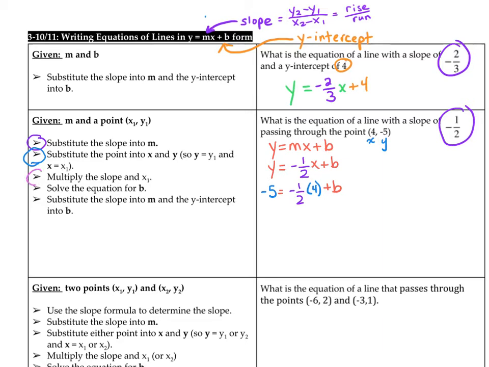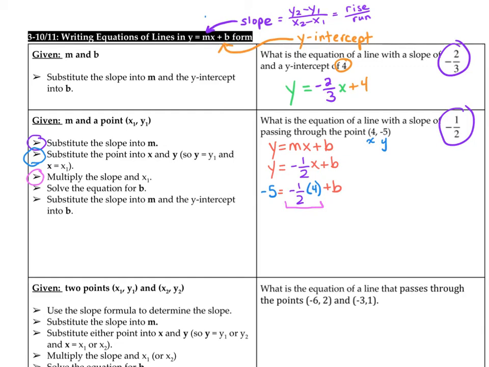So to do that, first multiply the slope and that value of x. So -1/2 times 4 is equal to -2. You can use your calculator, or you can just say -1 times 4 is -4, and then divided by 2 is negative 2.